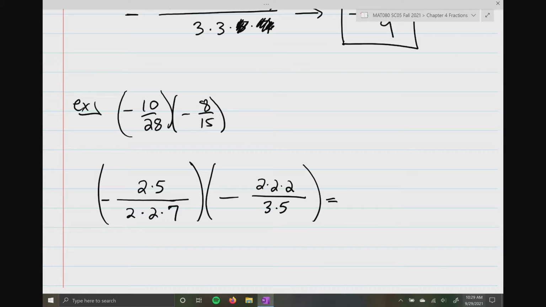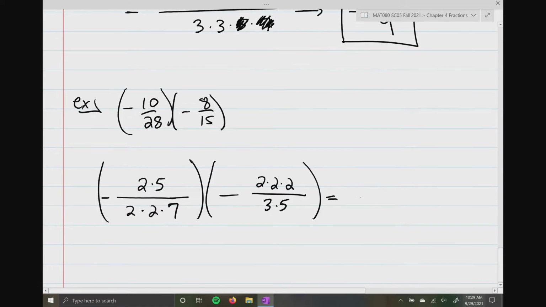So now I'm going to write one big fraction with one big numerator and one big denominator. However, what's a negative times a negative? Positive. Yeah, it's a positive. So the negative and the negative are going to cancel each other out. So I'm just going to write one big numerator. How many 2's? 4 of them. And then my denominator is 2 times 2 times 3 times 5 times 7.